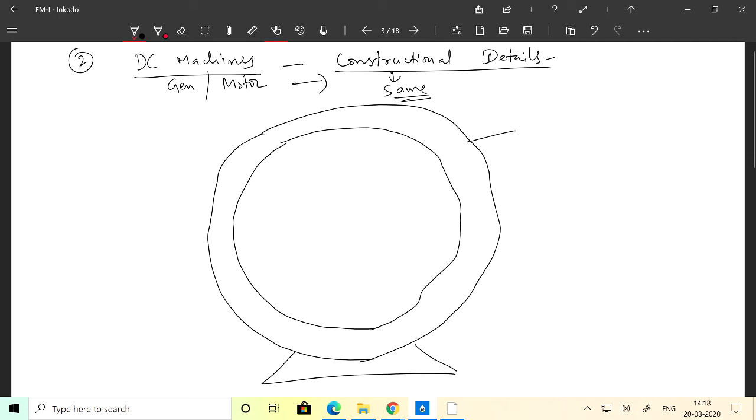Okay, so how does it look? This is stator, which is stationary, and we have poles connected to the stator like this. So I am drawing very vaguely, please bear with me.